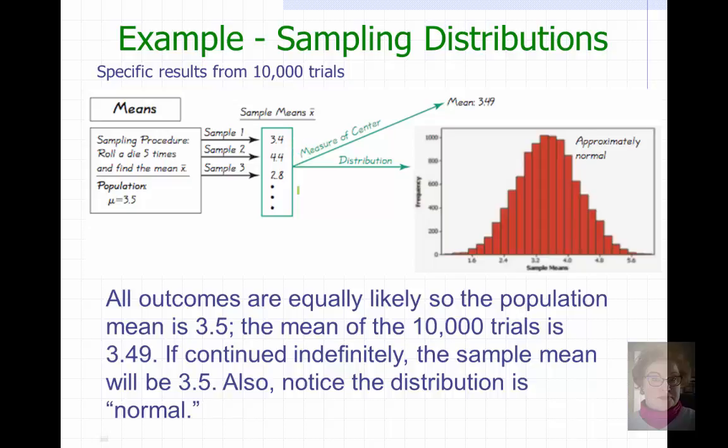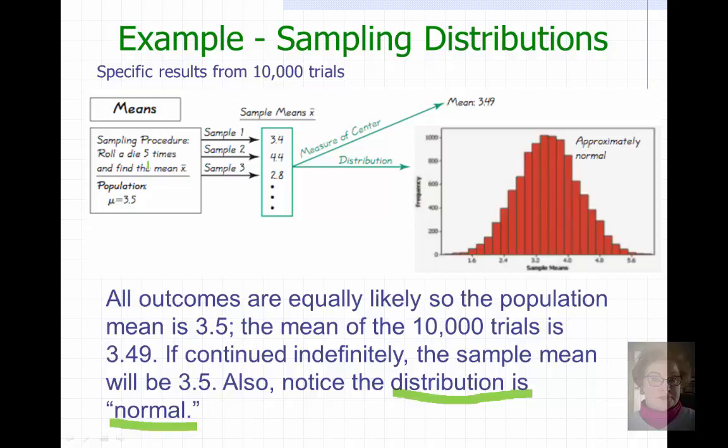And the measure of center is 3.49. When we do this for many, many times, you can see that we get our normal distribution. So we can use the sample means to help us out.